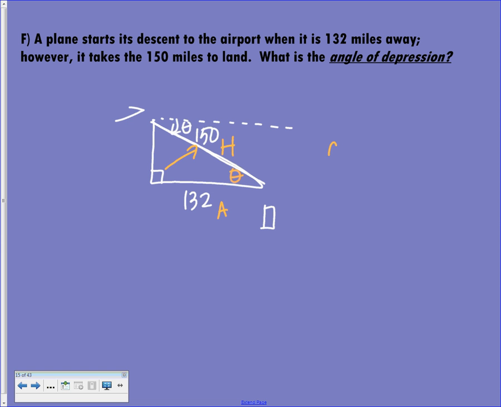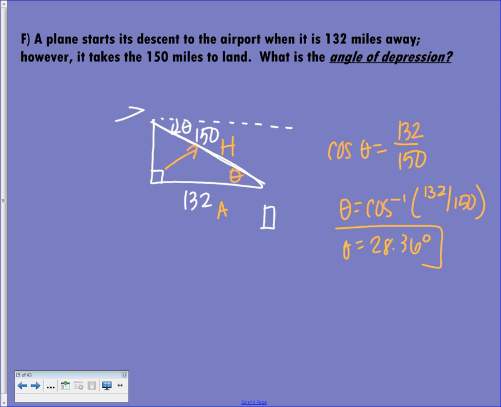So I have A and H, which gives me cosine of my angle will be 132 over 150. And then I would have to take the cosine inverse here, 132 over 150. Type that in my calculator and I should get 28.36 degrees. Again, label that degrees so that you show me that you are finding the angle.